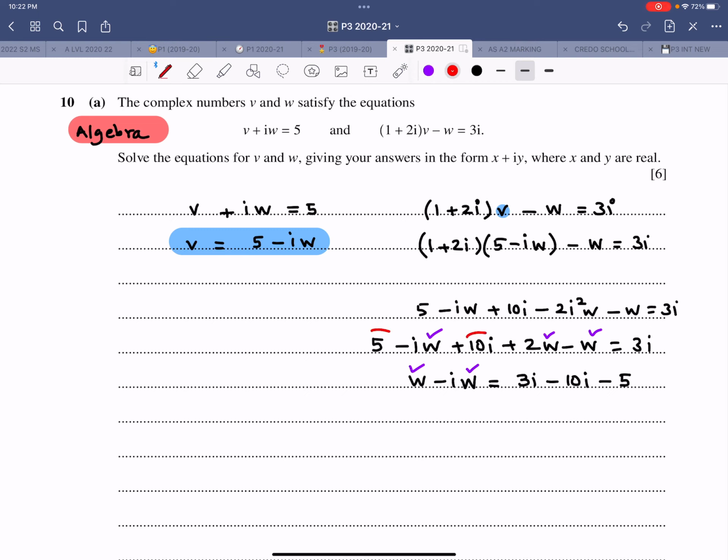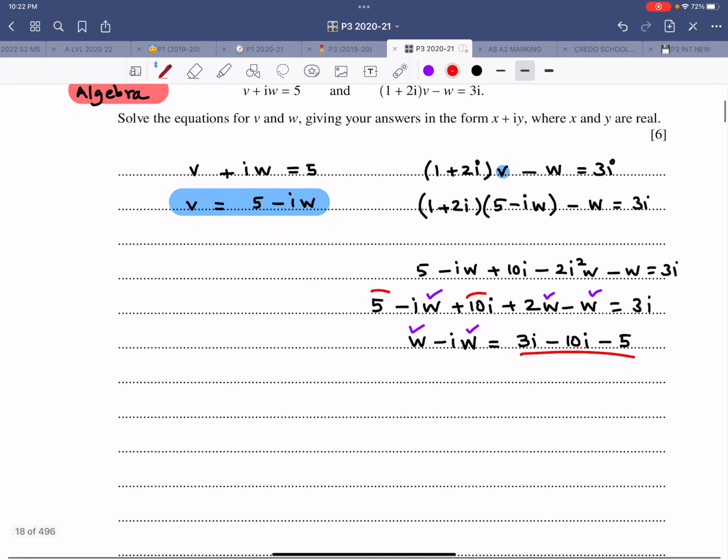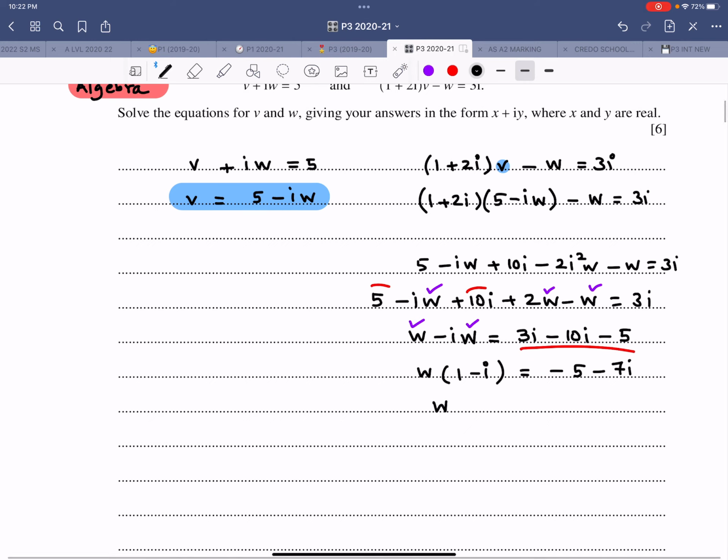That is also correct. Okay, and this 3i was already there. So therefore w common, 1 minus i equals to minus 5 minus 7i. And make w the subject, that is minus 5 minus 7i divided by 1 minus i.